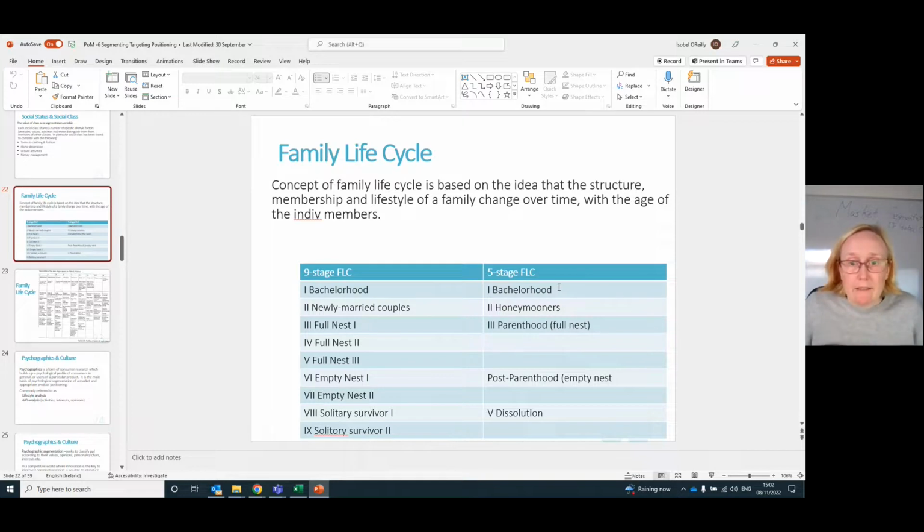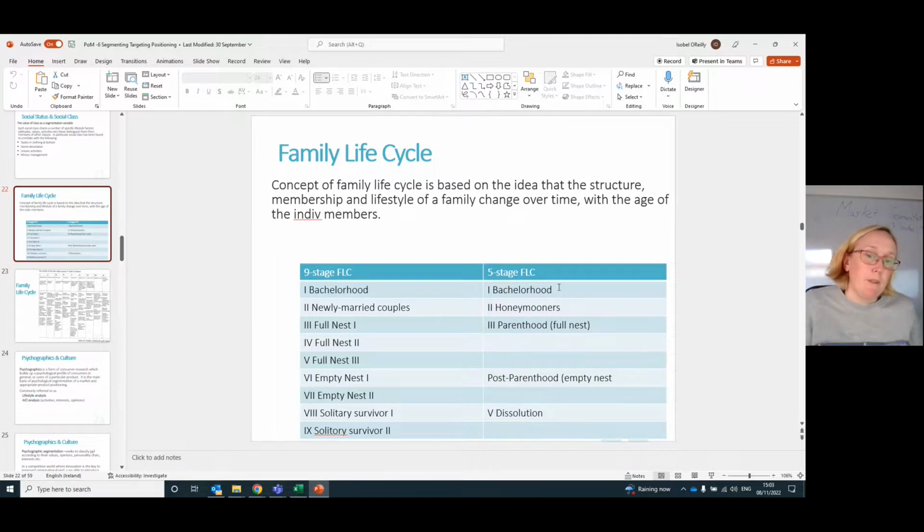And then unfortunately at some point, when one of the pair dies, the person who is left behind is denoted as the solitary survivor. And again, this has been split into 2 phases, reflecting that sometimes a widow or widower can survive for a very long time on their own.